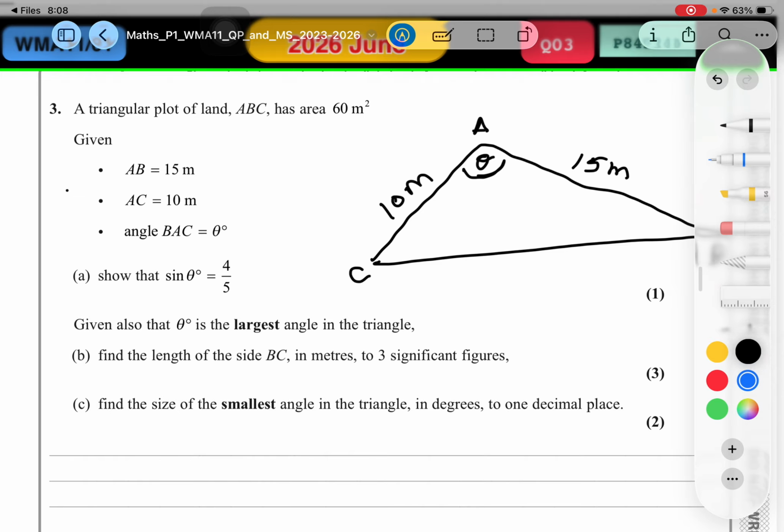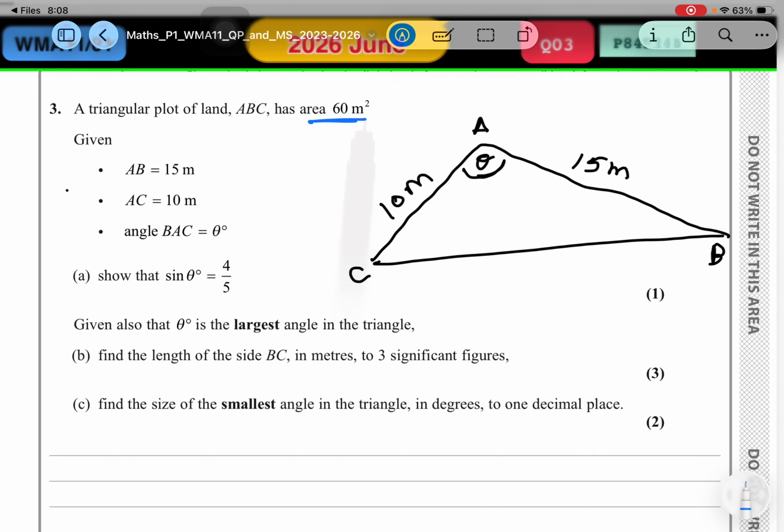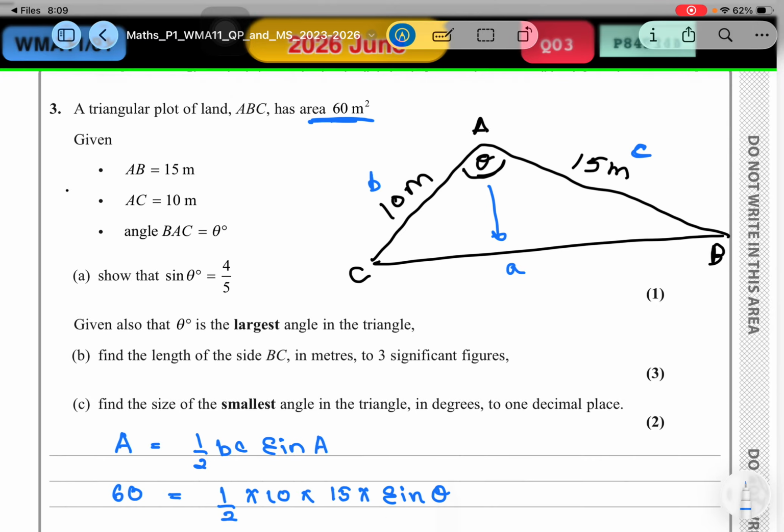Okay, what we can do is, they have also given us the area. We know the area of a triangle is half bc sine A. If we consider this is the A angle, then this is the A side, which is in front of A, in front of B this is B, and this is C. So the area, which is 60, equals half times B is 10, C is 15, times sine theta.